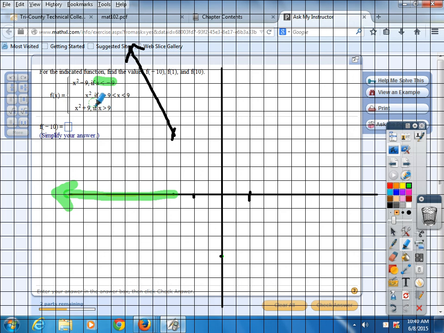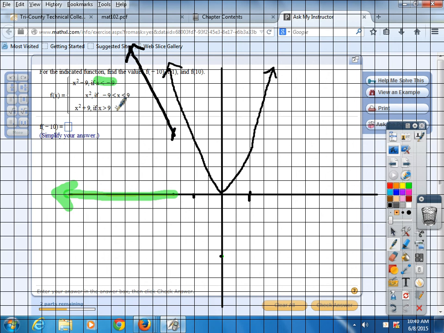All right, then we got x squared, the regular x squared. So the regular x squared looks like this. You with me? It's not supposed to look like a B, it's supposed to look like a U, but anyway.